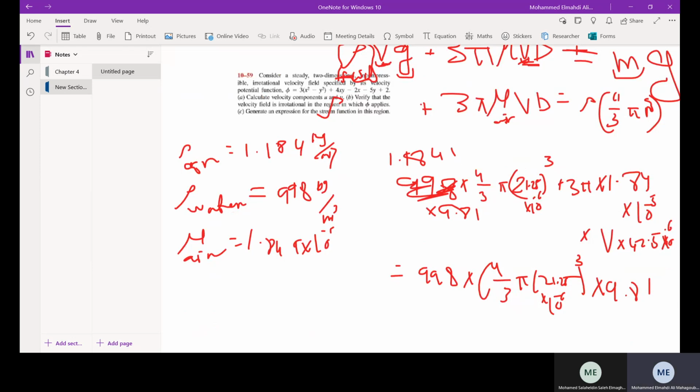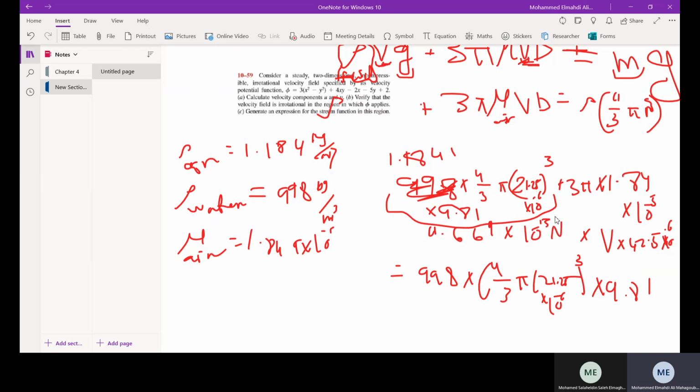Let me substitute it: 1.184 times 4 over 3 times pi times 21.25 times 10 to the power minus 6, to the power 3, and again multiplied by 9.81. So this term, which I called the buoyancy force, turns out to be 4.669 times 10 to the power minus 13 newtons.